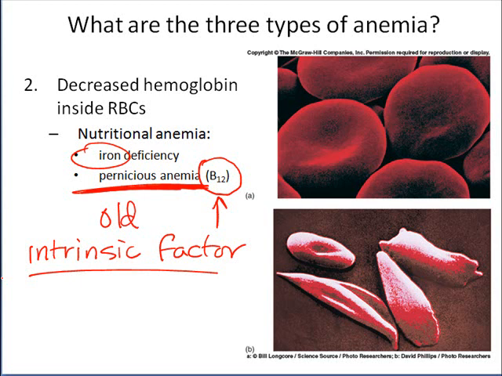And as people age, their stomachs make less and less intrinsic factor, which means their ability to absorb vitamin B12 diminishes, and they can develop pernicious anemia over time. The way to correct it is you start giving elderly people vitamin B12 injections to overcome that problem.